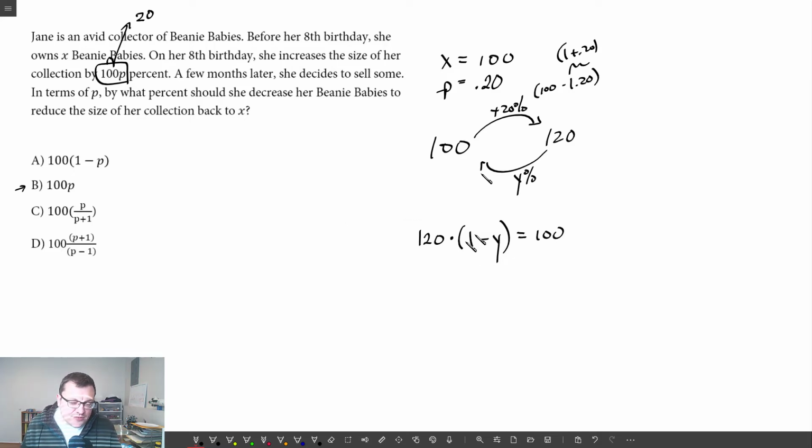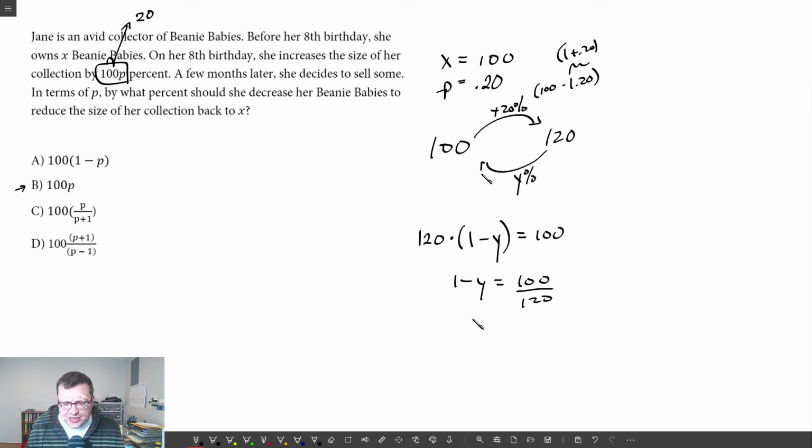When I solve this for y, I'm going to find out what that percent is. It's going to be a decimal, but that's fine, because I've got my initial number and I'm multiplying it by 1 minus my percent decrease. That's what's going to decrease it, and we should get to 100. So 1 minus y is going to equal 100 over 120.